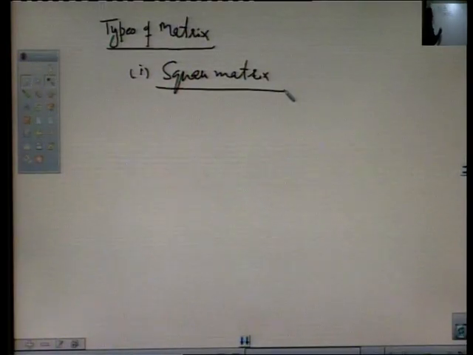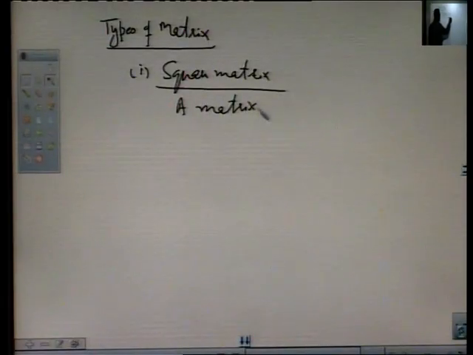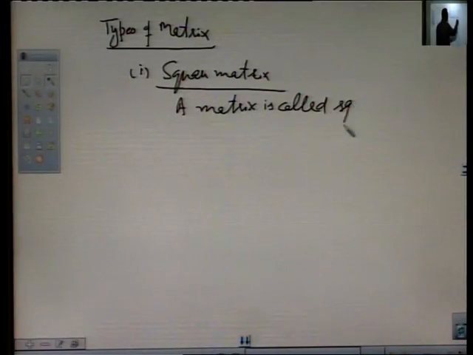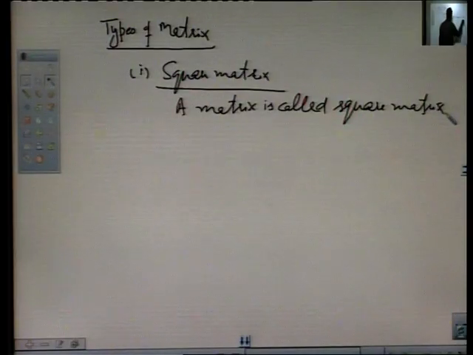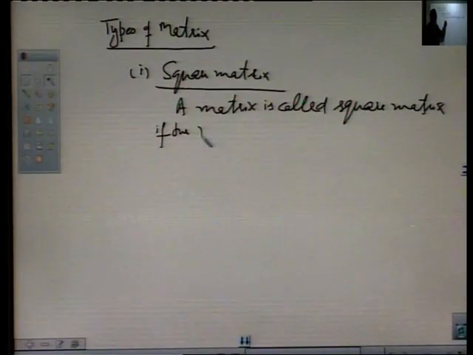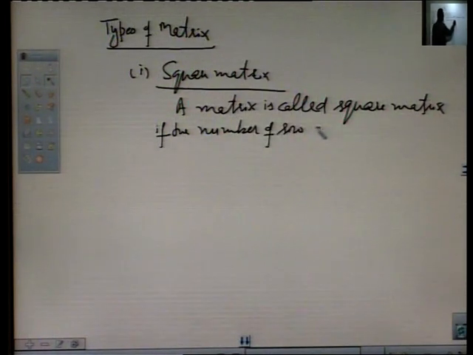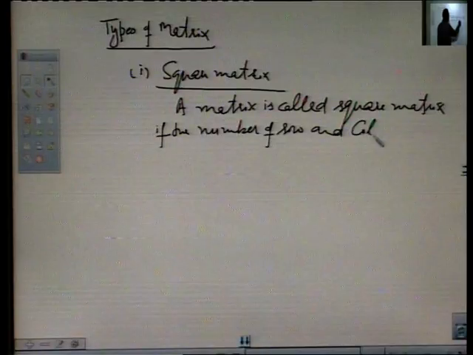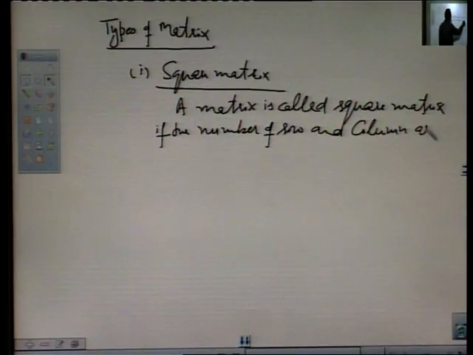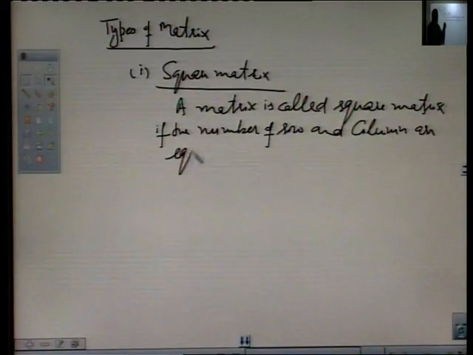A matrix is called square matrix if the number of rows and columns are equal.